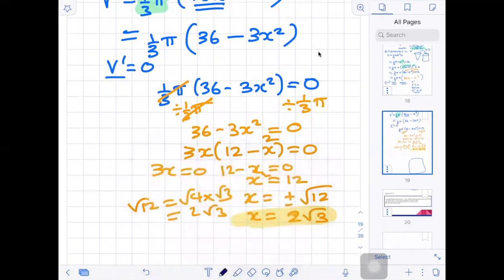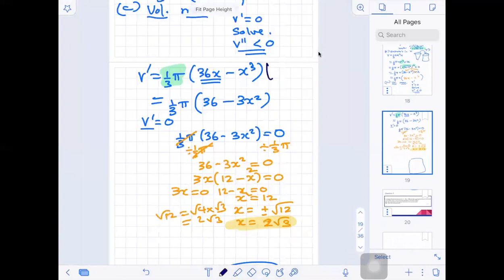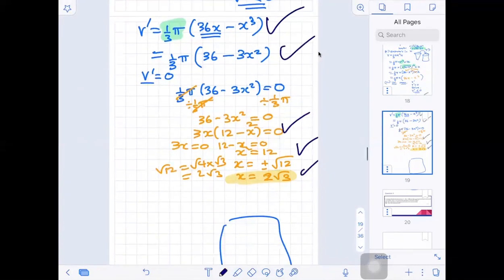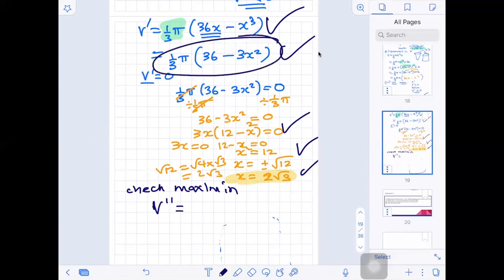All right, so 1 mark for differentiating, 1 mark for solving, and the last mark for checking if it's a max or min, and there could potentially be another mark for just making sure that you actually answer the question. So check for max min. I could find V double dash, or I could use V dash. If V double dash is easy, which it is here, you go 1/3 pi.